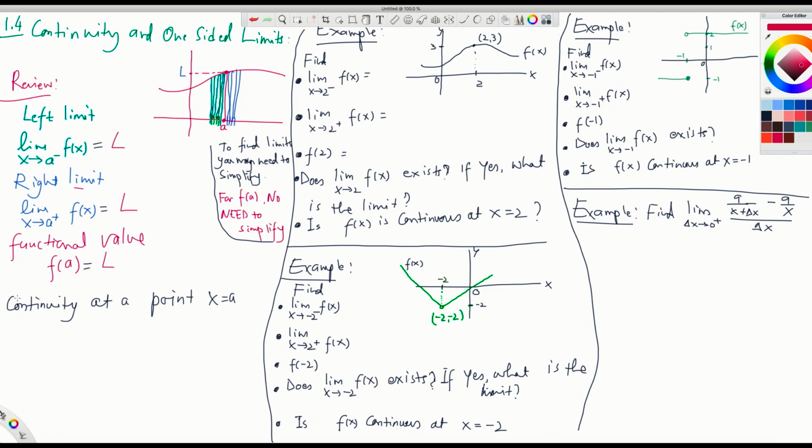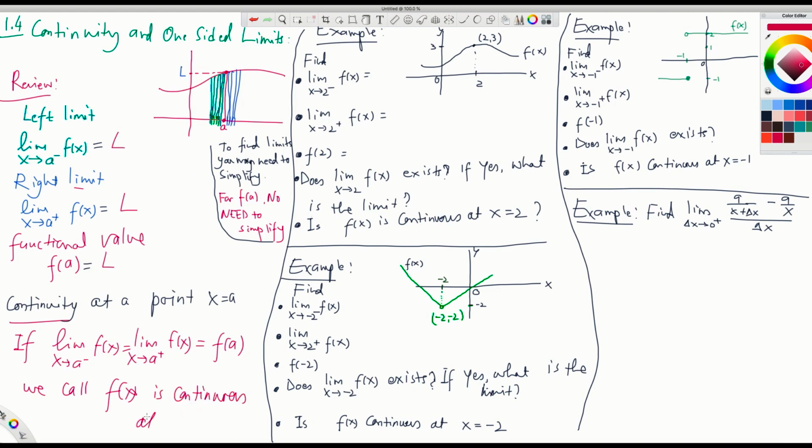Okay, so what is the definition of the continuity of the function? If the left limit, that means limit x tends to A minus f(x), is equal to the right limit, limit x tends to A plus f(x), is equal to the functional value at the point A, then we call f(x) continuous at x equals A. That's what we call, okay?